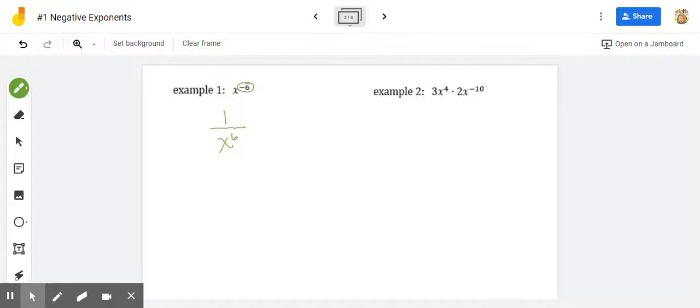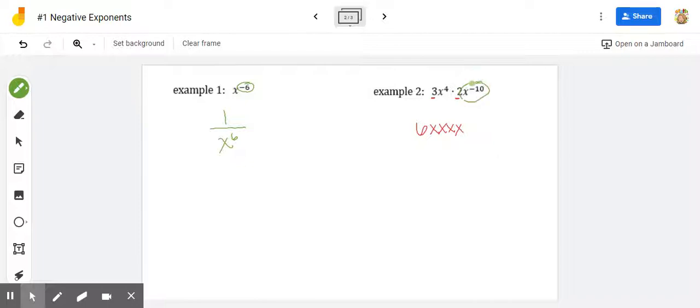So a couple of things that you can do here to make this process easier is you know what 3 times 2 is, getting you started. When we multiply 3 times 2, we get 6. And right now we have 4 x's from the first piece here. And in the second piece, we have x to the negative 10th power.